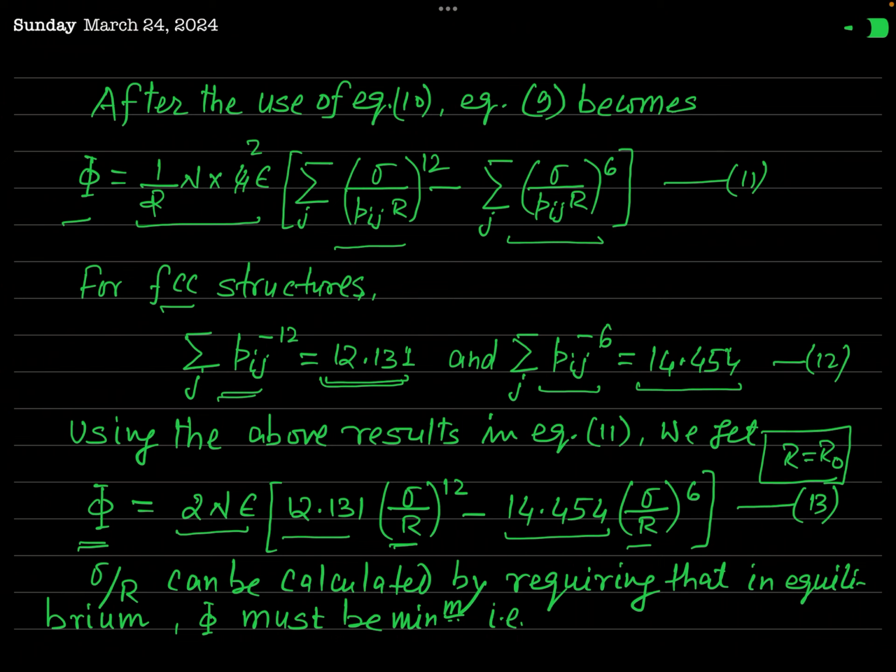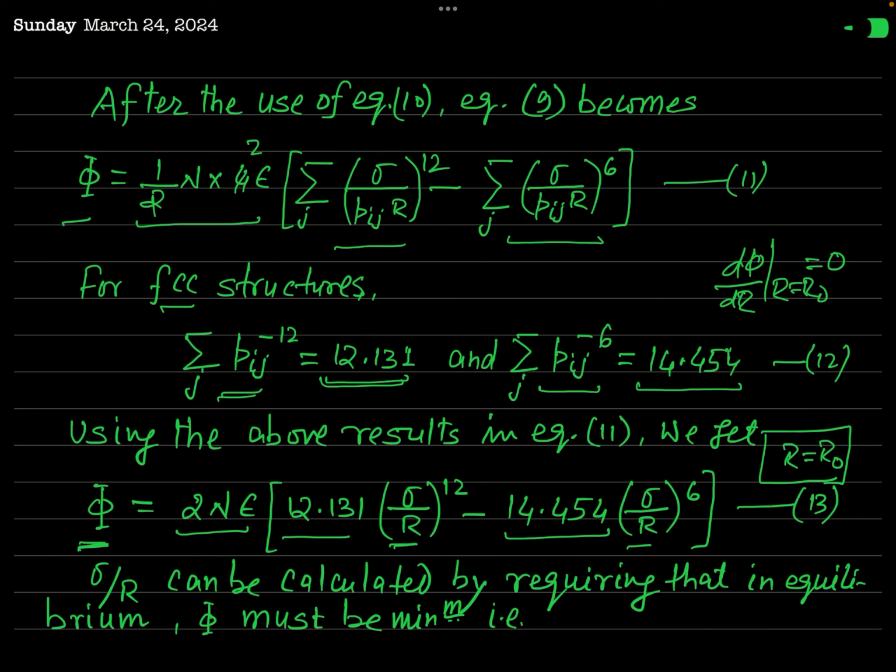And in the equilibrium state, this binding energy, this energy phi, is minimum. So you can easily use the condition that dφ/dR at R equal to R naught is equal to 0. This is the condition for equilibrium.